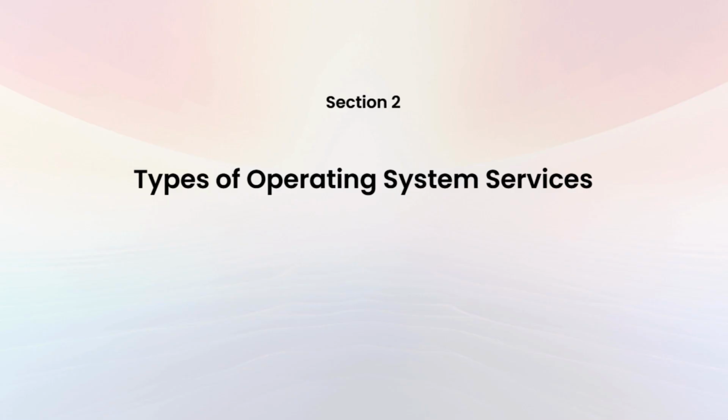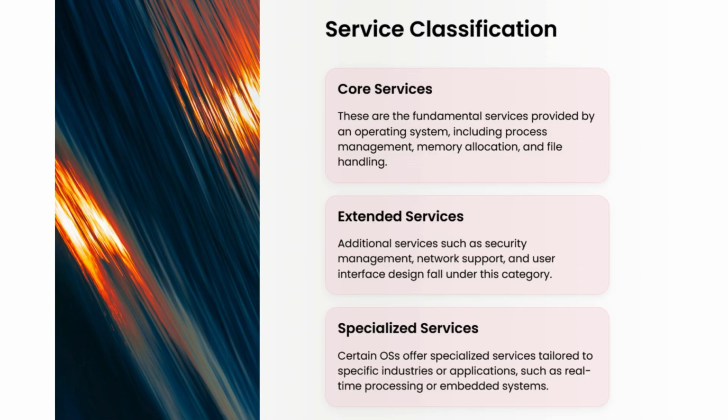Now, let's move on to section 2 of our video, that is types of operating system services. All these services that are provided by an operating system are mainly classified into three parts: core services, extended services, and specialized services. Core services are the fundamental services provided by an operating system, which include process management, memory allocation, and file handling.